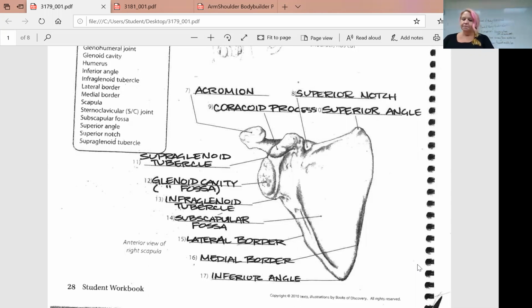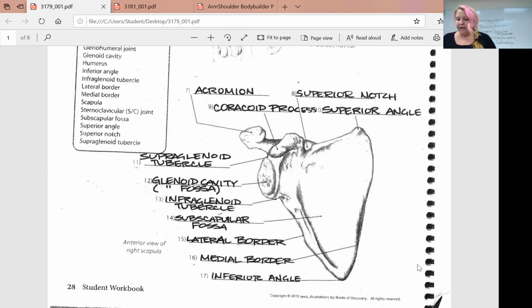Then we come down and we have our subscapular fossa. We are looking at the anterior view. So if you were looking at your client through their chest, you are looking at the side of the scapula facing the anterior or front of the body. And we learned that fossas are typically named after the muscles that lie in them. So the subscapular fossa is where we will find out, when we get into the muscles, that our subscapularis muscle lies.